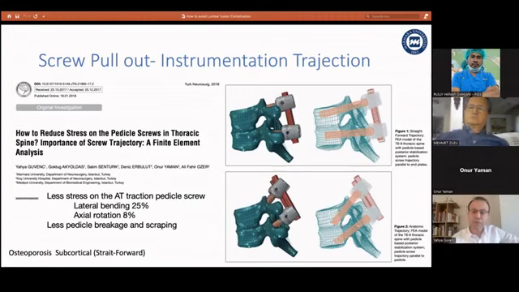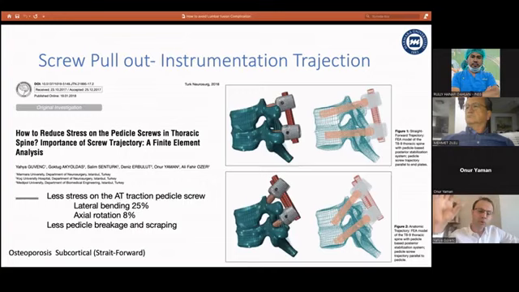The trajectory is important, and we know it changes between the upper thoracic level and the middle thoracic level. When you use pedicle screws in the cervical area, again, trajectory is very, very important. We should use correct trajectories to prevent screw pull-out.